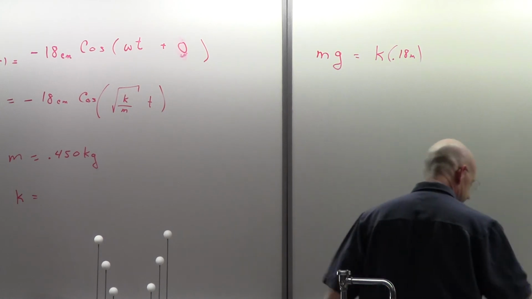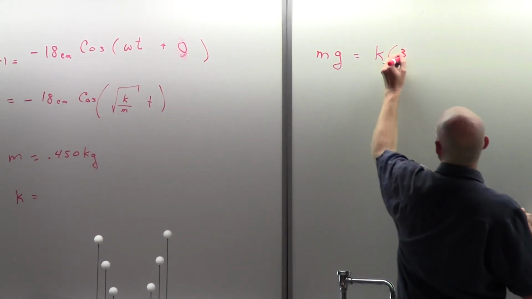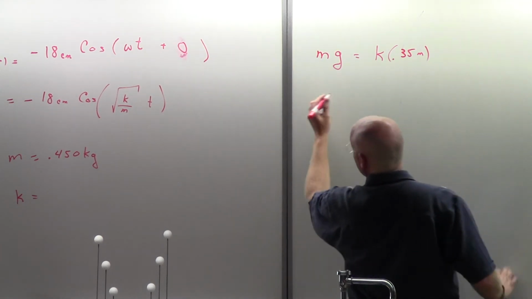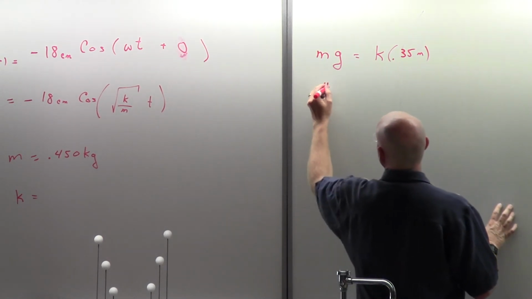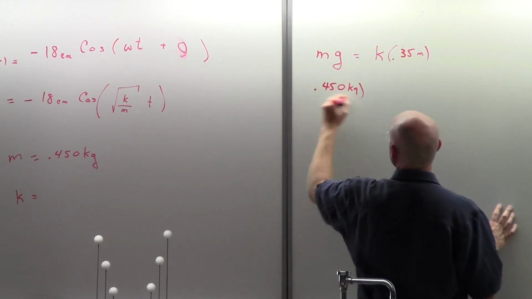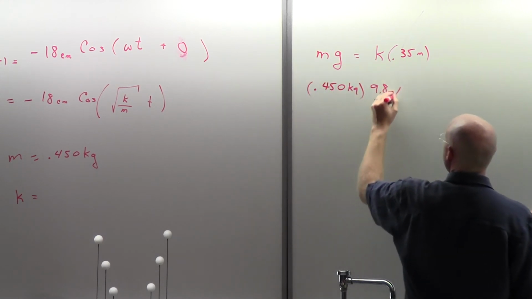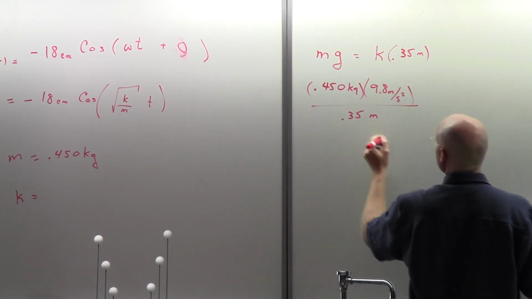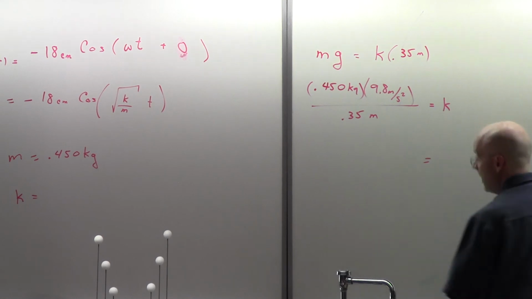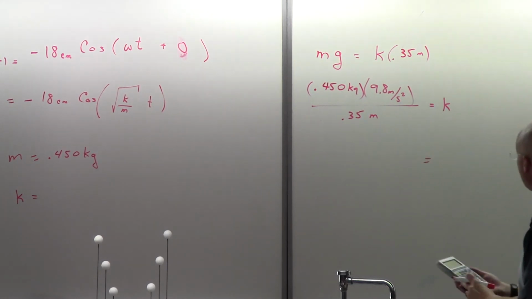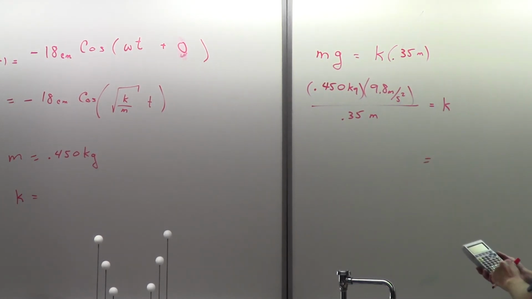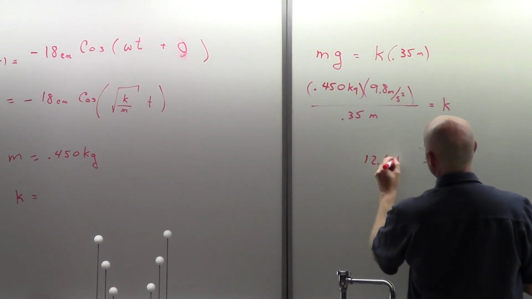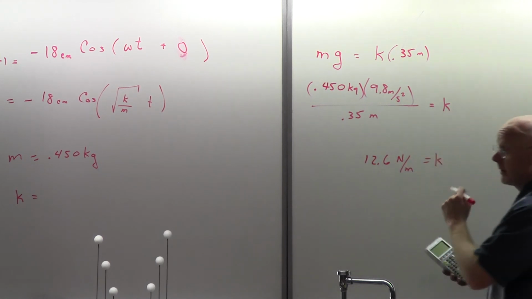Oh, no, I'm sorry. 35, thank you. 35, right? And so if I put my mass as 0.45 kilograms, I put my g as 9.8 meters per second squared. I put my distance of 0.35 meters and I get k. Then I can get the k for this situation. So 0.45 times 9.8 divided by 0.35, coming up with 12.6 newtons per meter for k.